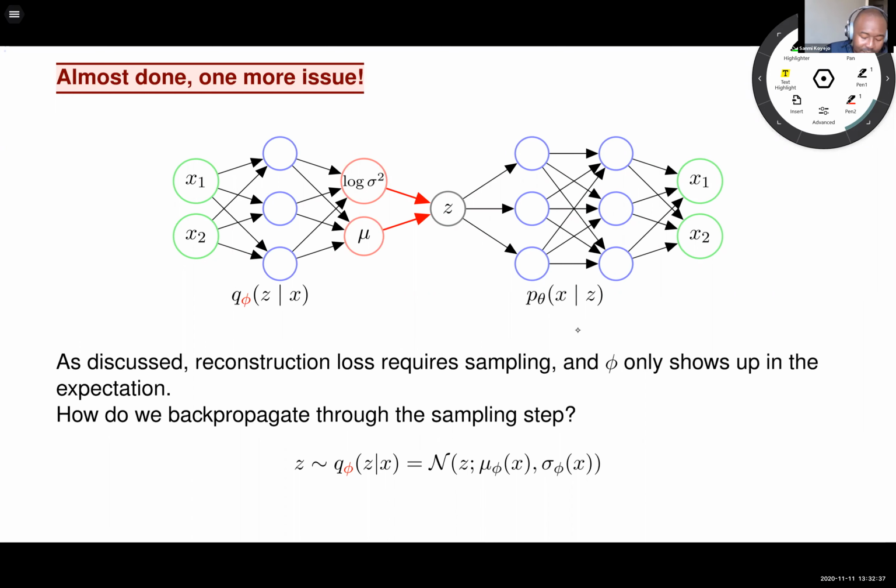In order to solve the full problem, I need to sample Z's, and that's a problem in the overall optimization. Having sampling at the beginning or end is fine, but having sampling in the middle causes a problem for backpropagation. So how do we backpropagate through a sampling step?